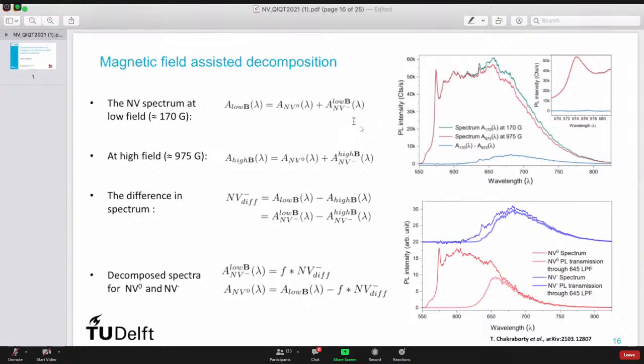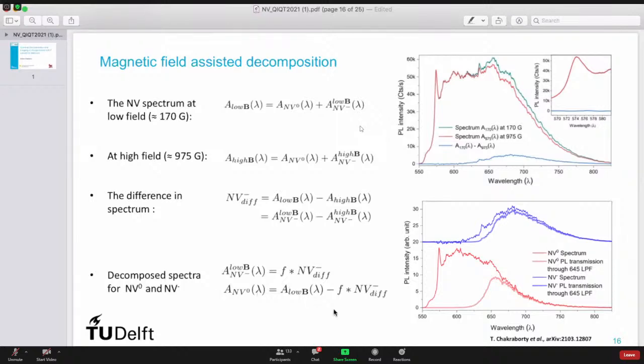And then when we have this spectrum, we can just subtract it from the total spectrum, and then we can calculate the A NV0 spectrum. While doing that, we have to make sure that A low NV minus doesn't have any signal from NV0, and A NV0 doesn't have any signal from NV minus.